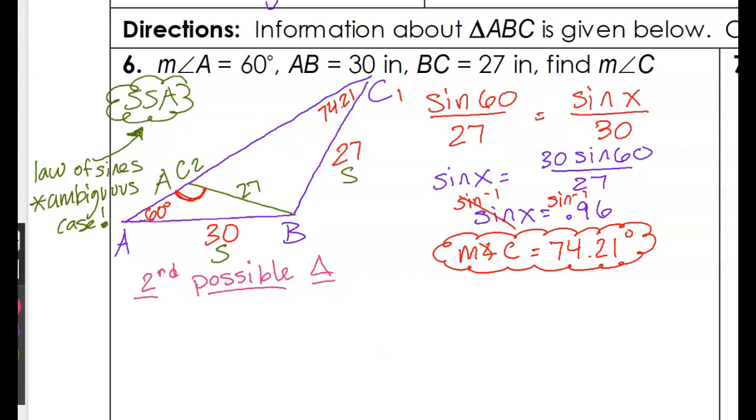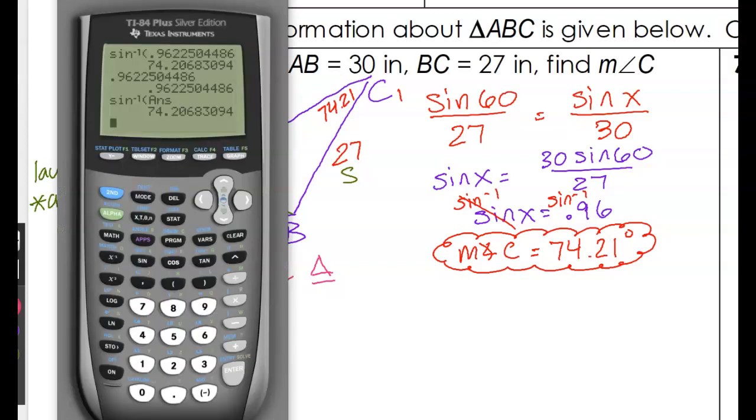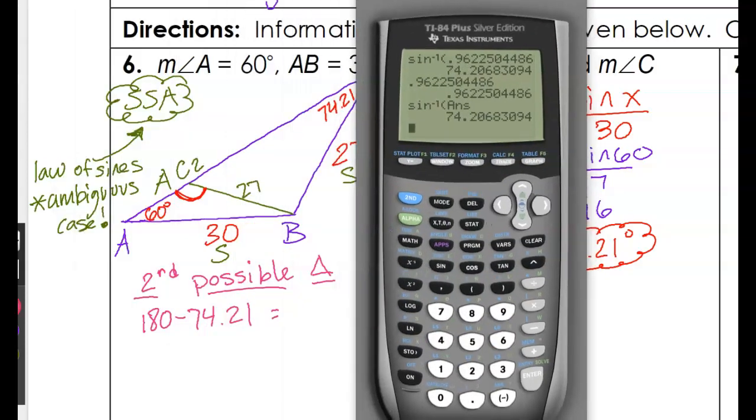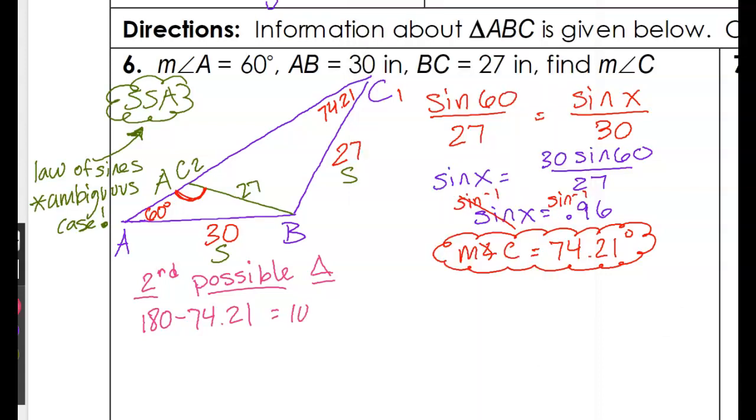So we do 180 minus 74.21. And we get, now same thing, I'm not just going to type in 74.21, I'm going to do 180 minus that whole number. And you get 105.79. So the measure of angle C could also possibly be 105.79.